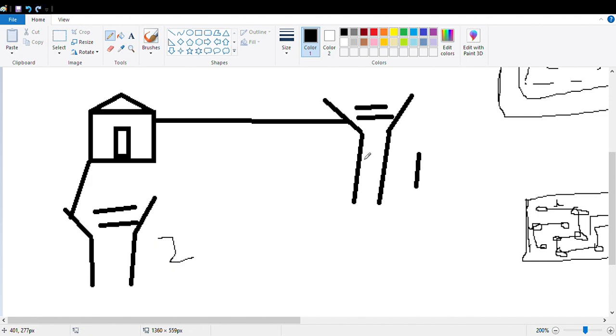Now tell me, if the electricity travels from here to there and here to there, whose electricity will arrive first at this home? Let's consider there is a 10-meter distance between power plant 2 and the home, and a 50-meter distance between power plant 1 and the home.